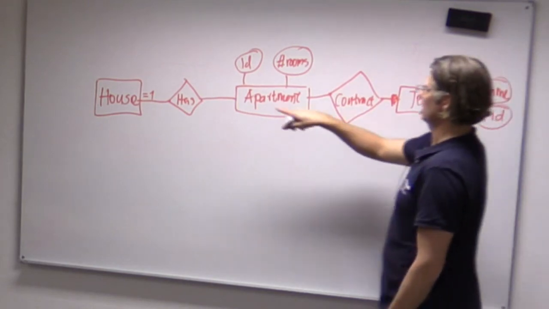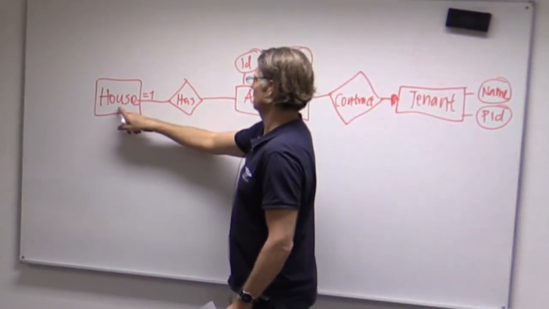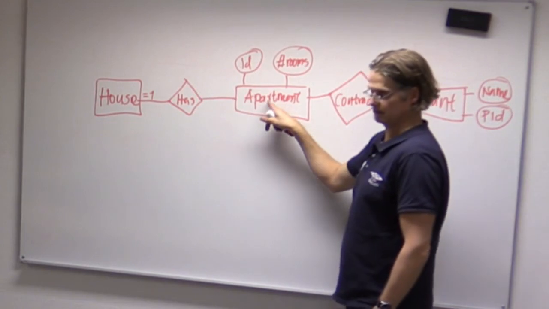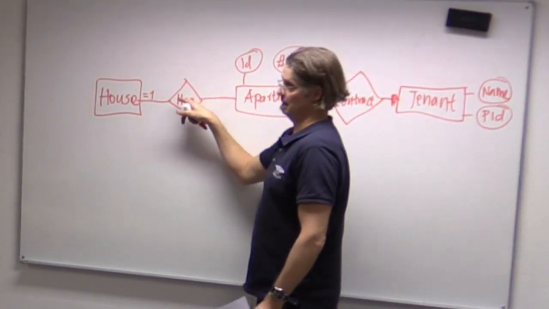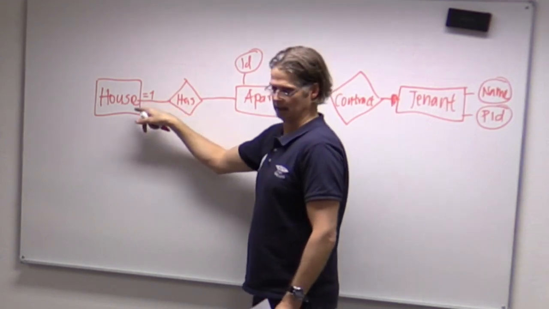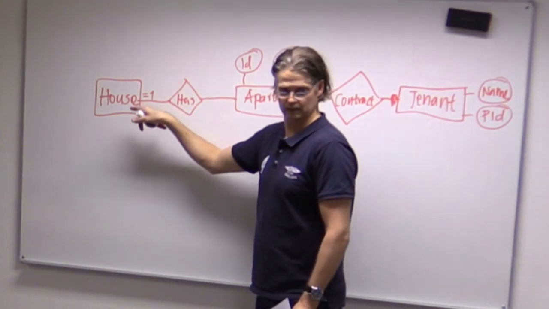So a house has many apartments, but an apartment can only be part of one house, and exactly one house.